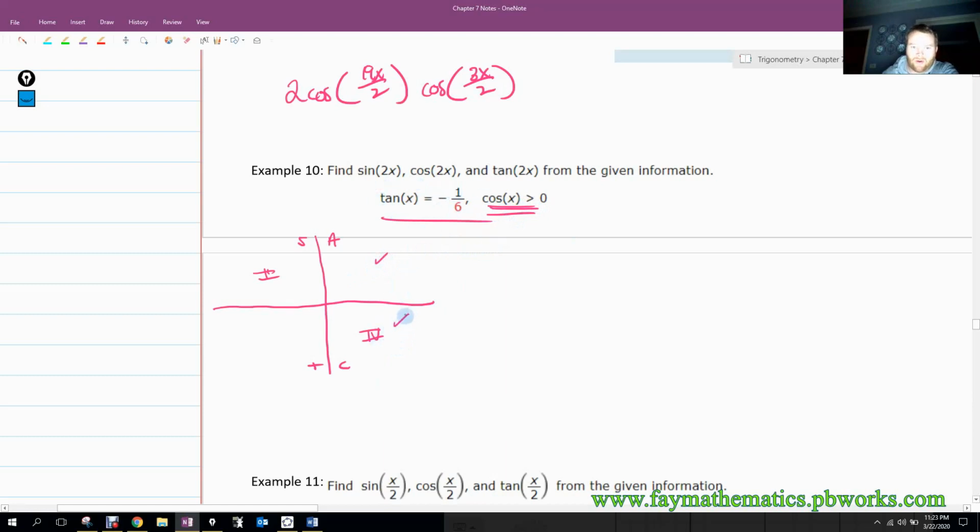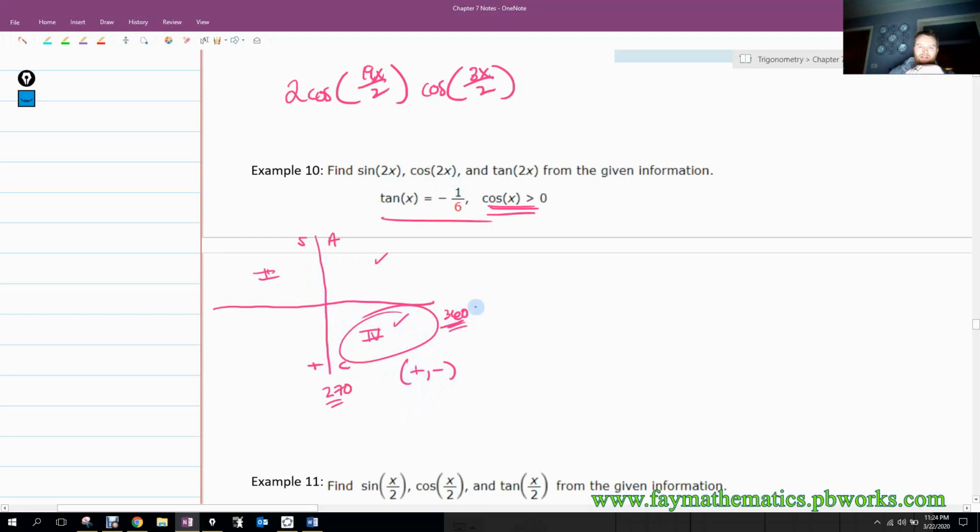So with all the information going on here, I know the angle x that they're talking about is between 270 degrees and 360 degrees. That's the idea that's happening here. That being said, when I find the double angle, for anything that's showing up in the fourth quadrant, any point in there is positive negative.